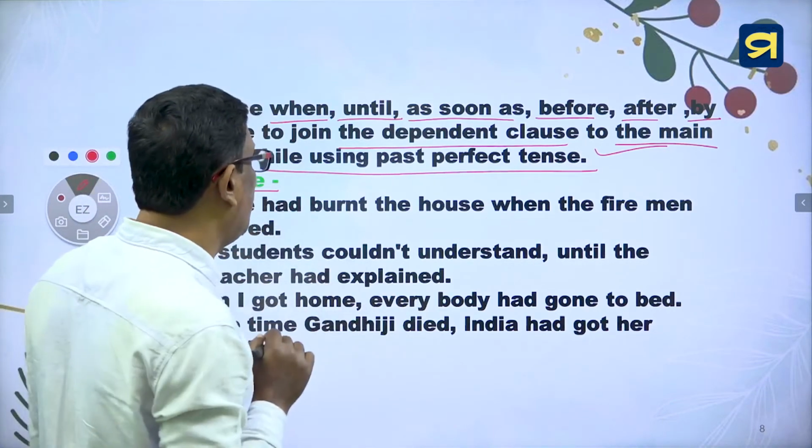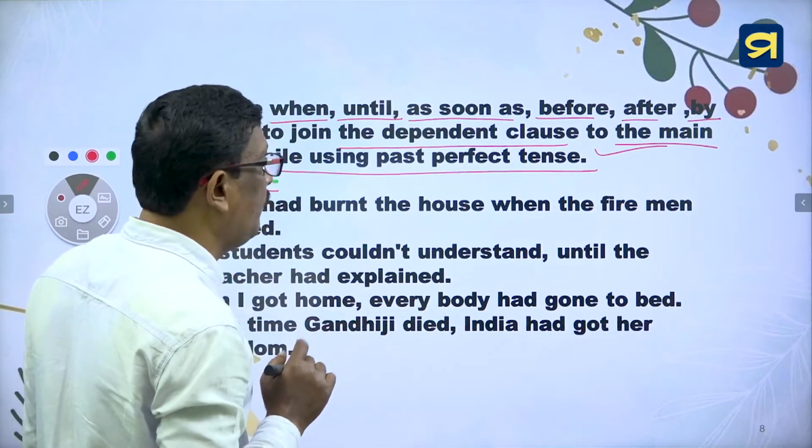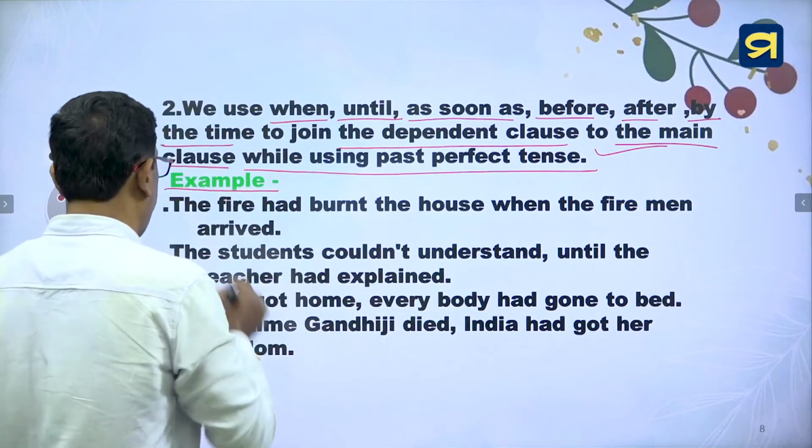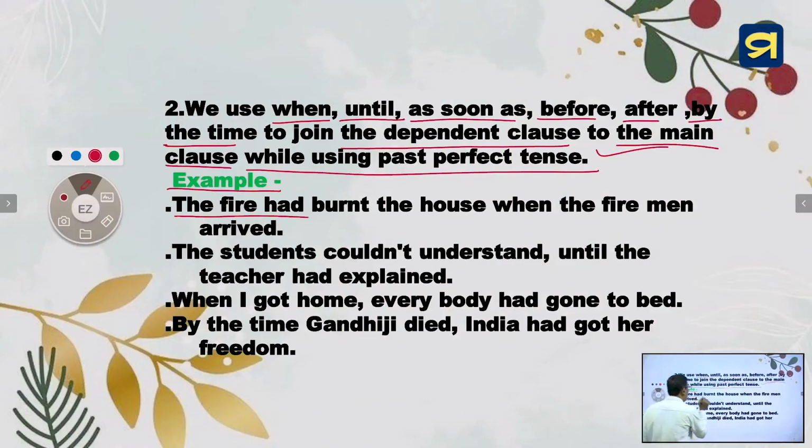The fire had burned the house when the firemen arrived. You see, the fire had burned the house; it had taken place before the firemen arrived. It is an earlier action of the past. The firemen arriving is the later action of the past. Similarly, the students couldn't understand until the teacher had explained.